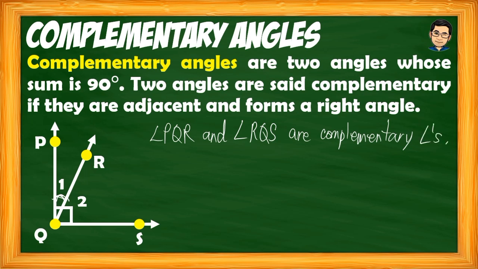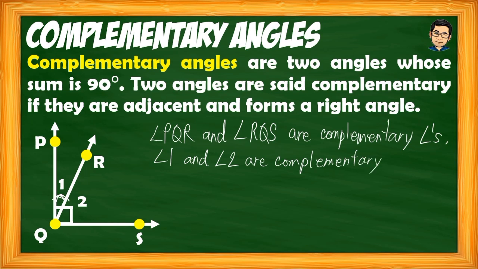What else? Kung makikita nyo po dyan, meron po tayong ginamit na number, 1 and 2. Pwede rin po natin isulat as angle 1 and angle 2 are complementary angles. Meron po kasing mga given na wala pong letters.